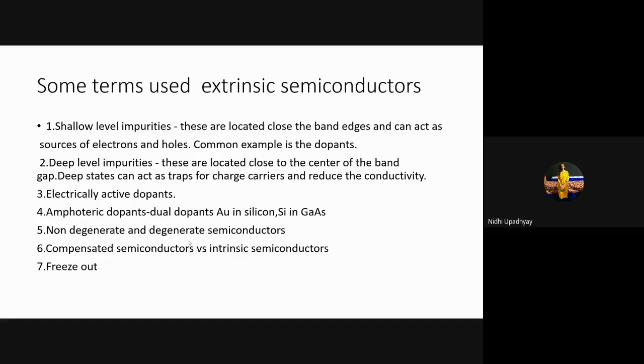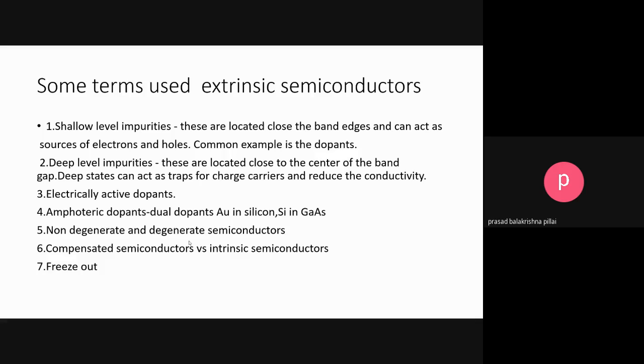Sir, I want to ask about Fermi level and deep level impurities. Sir, if the deep level impurities are of P type, is the Fermi level about at the same position where the donor level is? No, actually, deep level impurities are lying deep in the forbidden band, that means towards the middle.